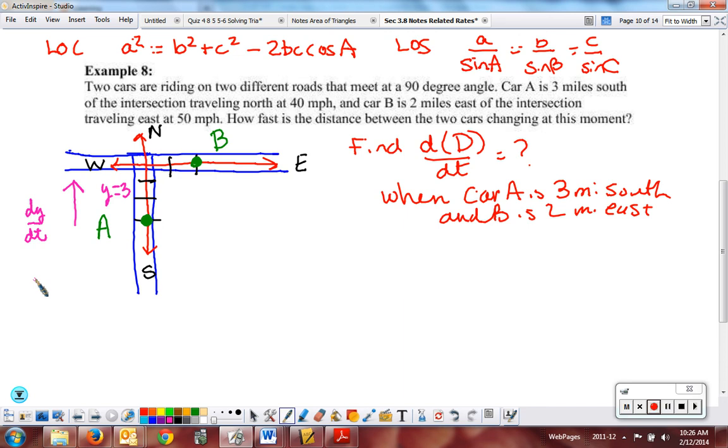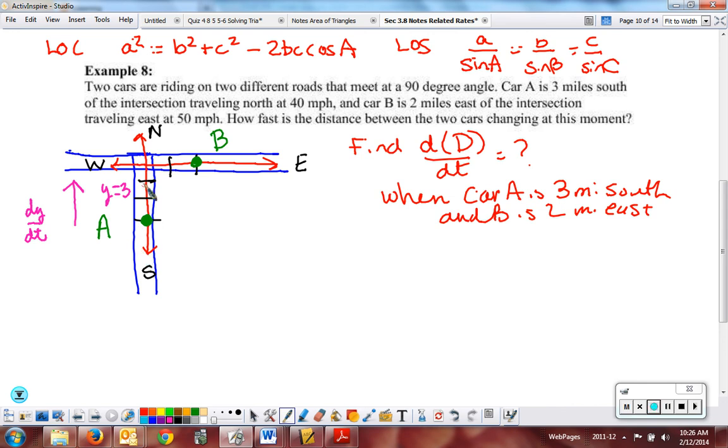Now let me ask a question here. Before I say 40, what do I have to do before I can say it's 40? Is y increasing? As my car physically travels from this location going to the north, no, it's decreasing, right?